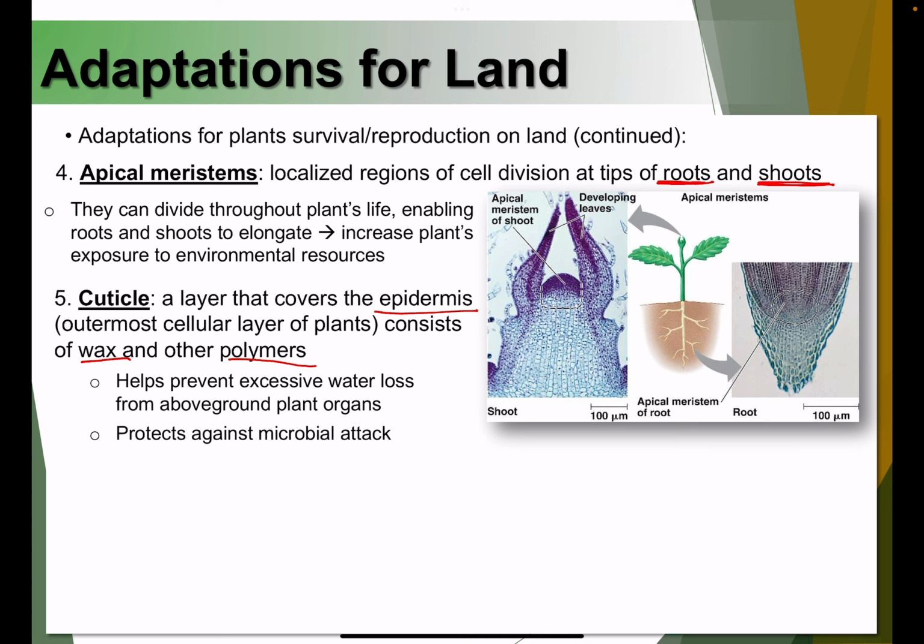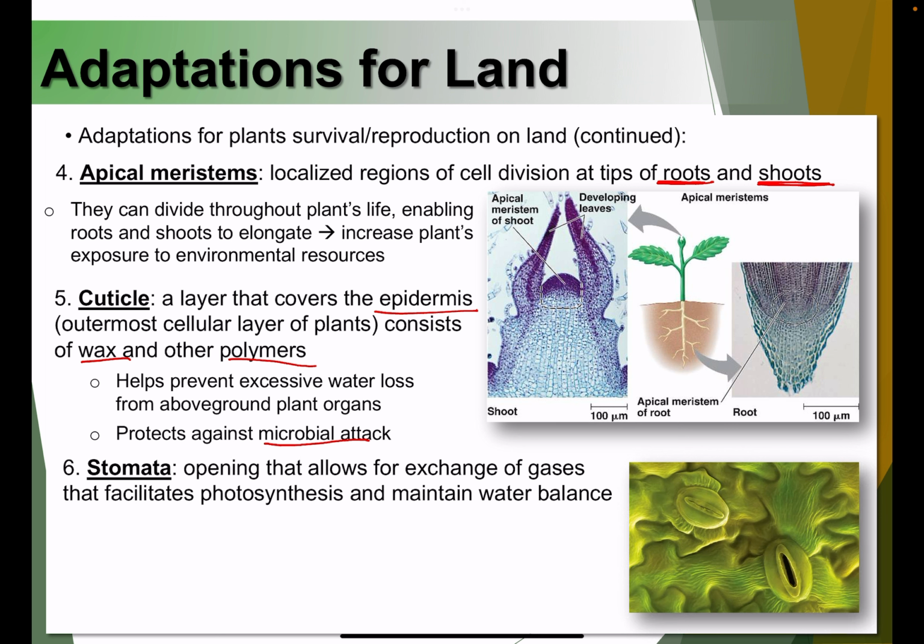Second thing is that the cuticle can protect against some microbial attack. Not all, because some plants still die from microorganisms, infection, and diseases. But it protects against some microorganism attack, just like how skin serves as our first defense of our immune system, kind of like that.